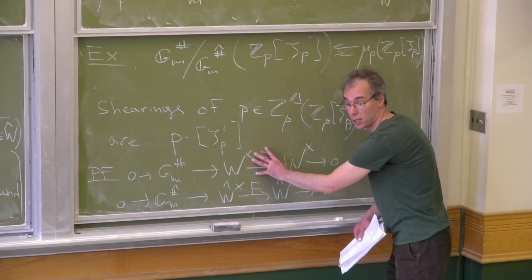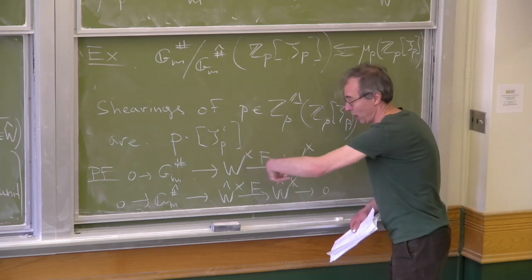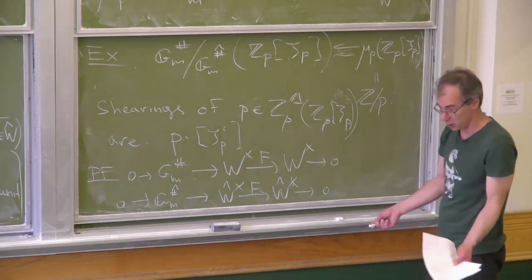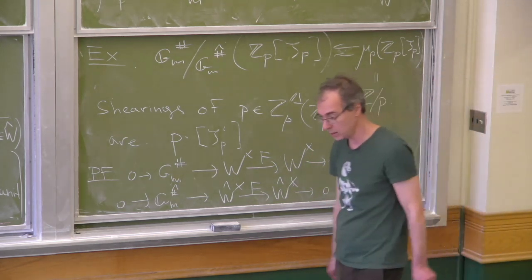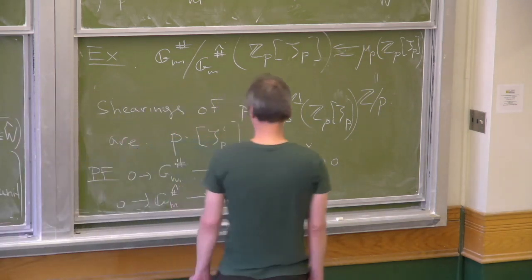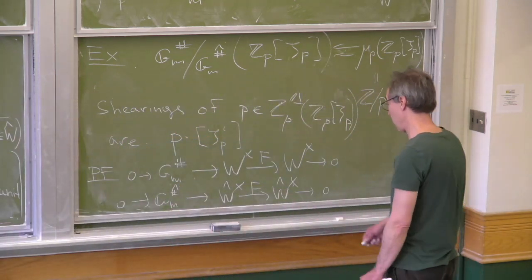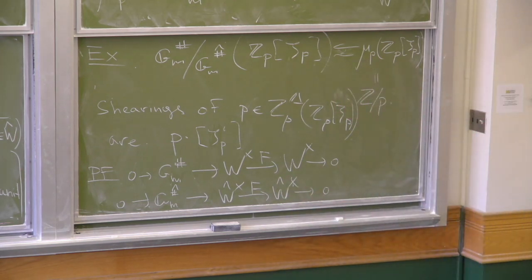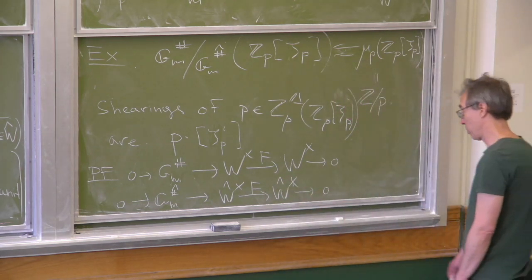Why is it related that way? Because for W cross, there are no torsors over the spectrum of a local ring. Here it's more complicated. There are some non-trivial torsors perhaps even over the spectrum of a local ring.